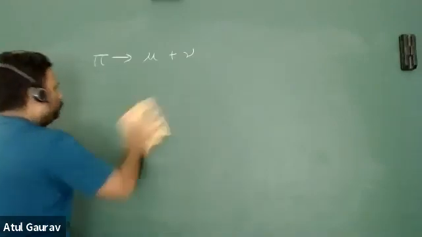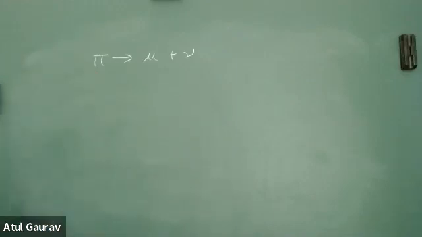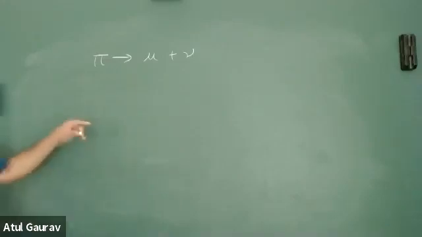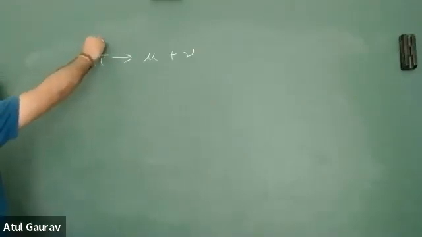Now, first we will go for conservation of momentum. Obviously, I have told you that these types of processes are due to internal forces, so you just have to talk about conservation of momentum. So first we will go for conservation of momentum. The pion is at rest. Please mind it.